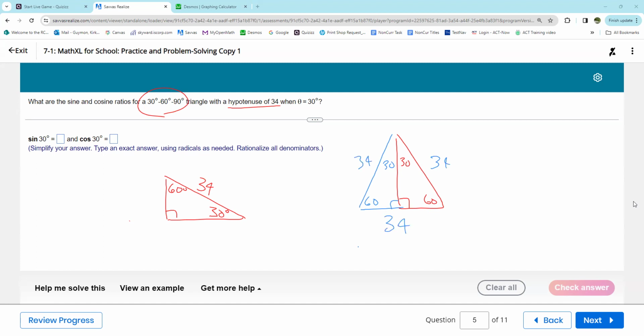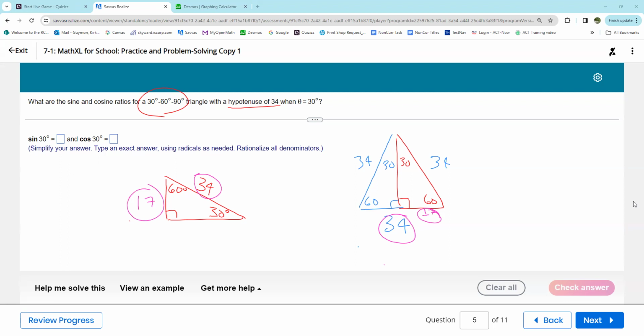And then when we split the one in half, when we made the 60 into two 30s, what that does is it's going to split this side down here in half. So we're half of 34, or a 17, on that side. So if we have a 34 in the hypotenuse, the short leg is going to be a 17.